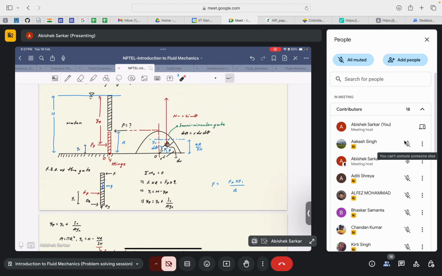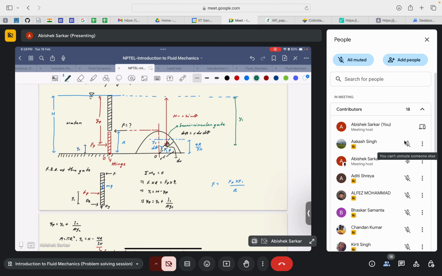So the location of center of gravity, that is Yc. I think I didn't denote it here, so let me denote it, if I extend this line. Then from the free surface, the location of the center of gravity would be at a distance of, this is Yc, right?